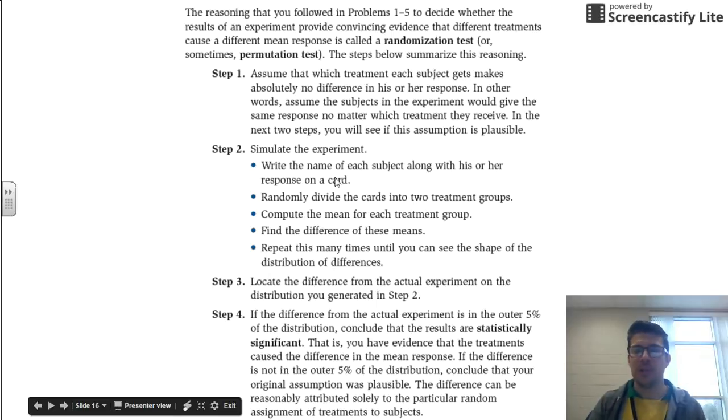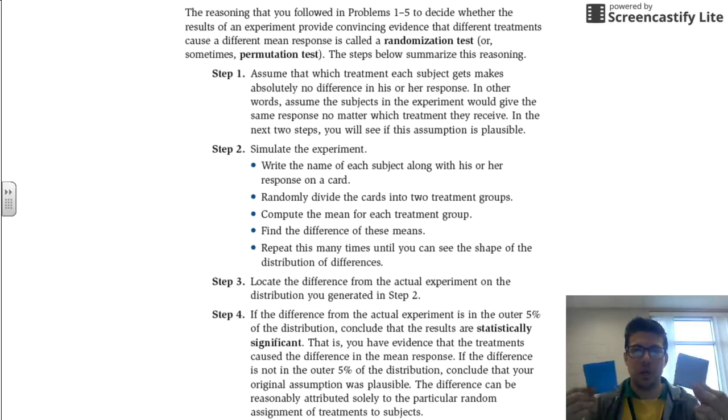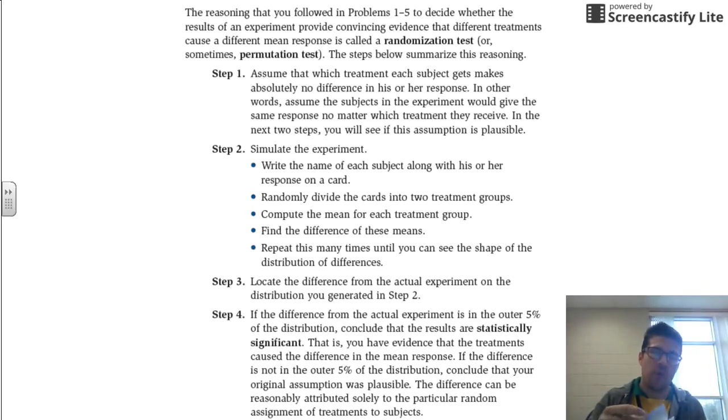Step two, we simulated the experiment. By simulation, I mean we took some sticky notes, and we recorded all of our data, one per each sticky note. Then we folded up the sticky notes, put them into a jar, all mixed up, both groups, the control group and your treatment group.